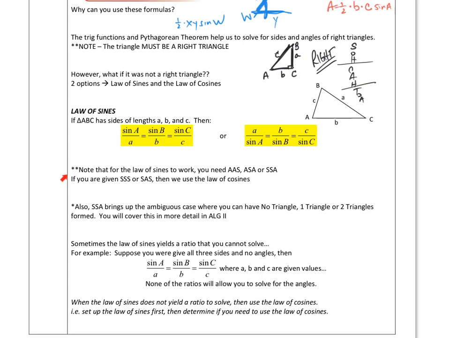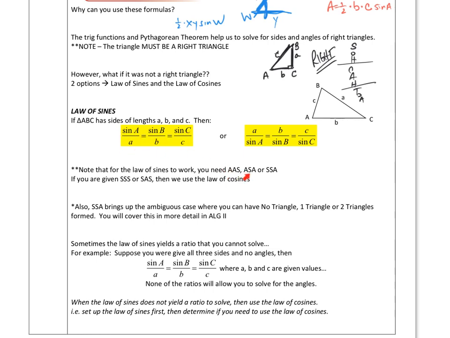So for the law of sines to work, you need to have a situation where you have angle, angle, side, or side, side, angle. Wait, what does that mean? Angle, angle, side means I need two angles and one of the sides. Notice, if I have just the three angles, I can't solve for those because the ratio doesn't work.